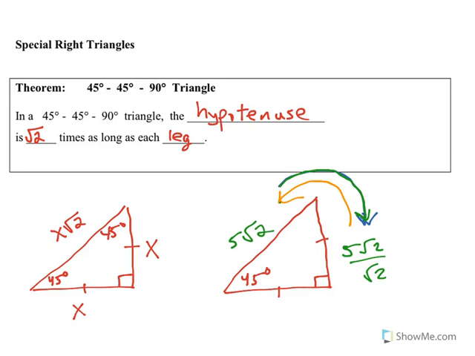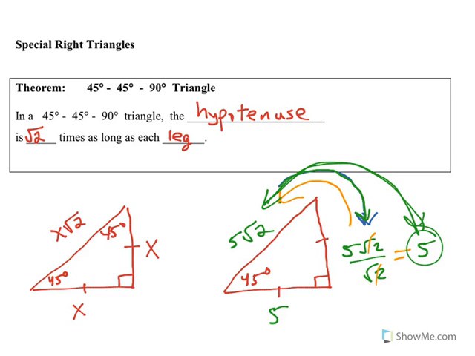And then if you cancel common factors, you get to 5. So if your leg is 5, if you multiply it by square root of 2, you get the hypotenuse. If you divide by square root of 2, you get back to the leg.